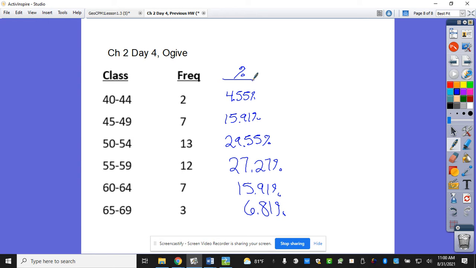So it is the frequency relative to the total. Percent is relative frequency. So relative frequency means the frequency relative to the total, which is just percent.